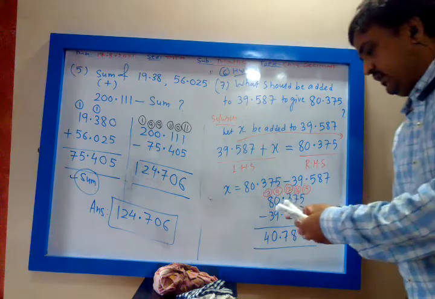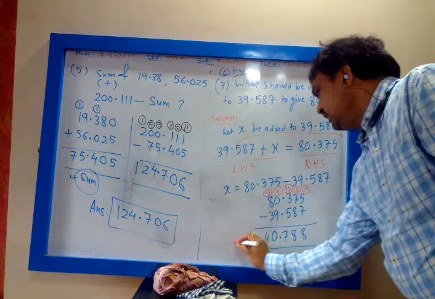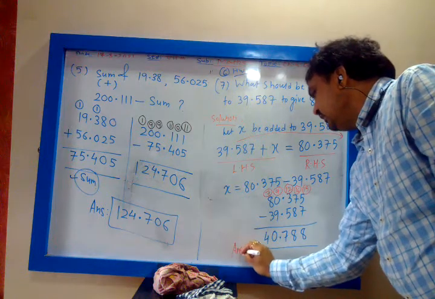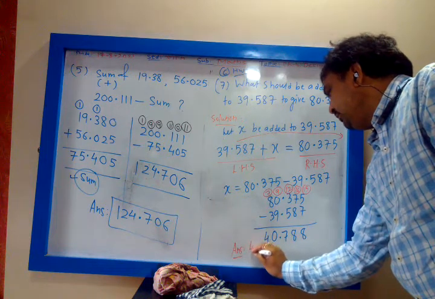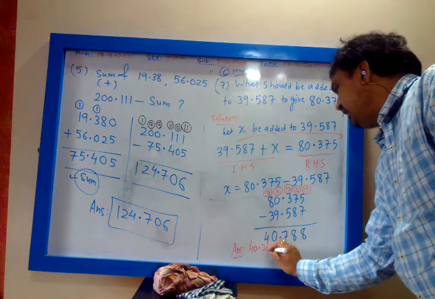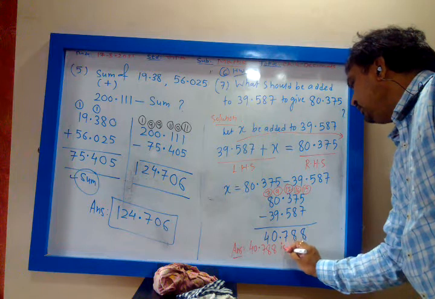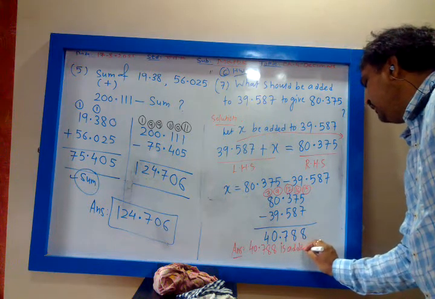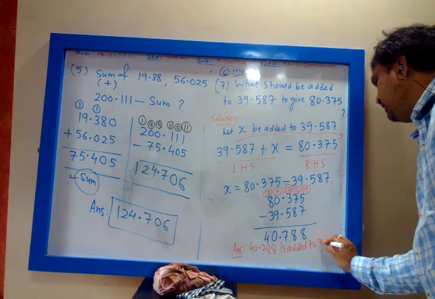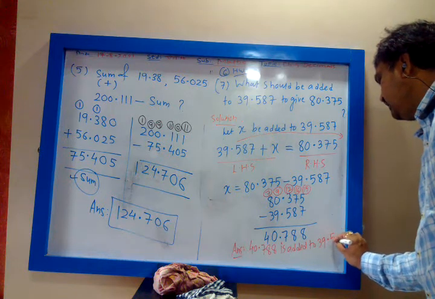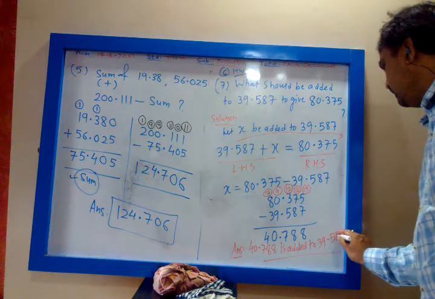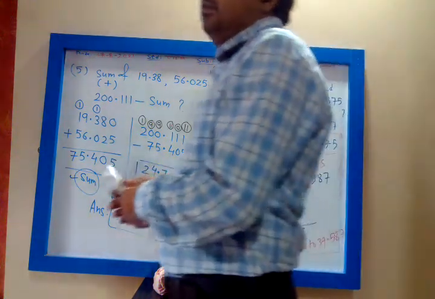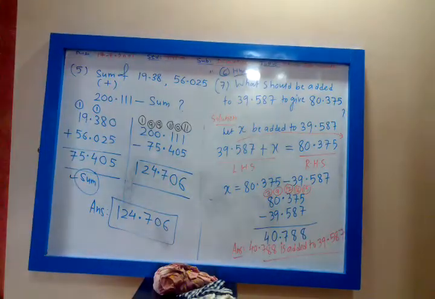So we write the answer. 40.788 is added to 39.587. This is the answer. 40.788 is added. Okay.